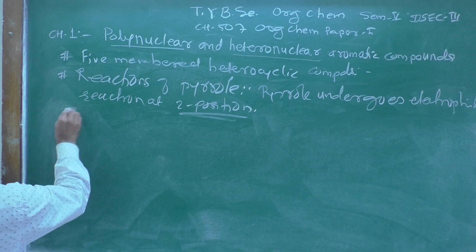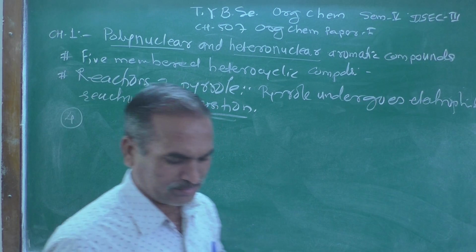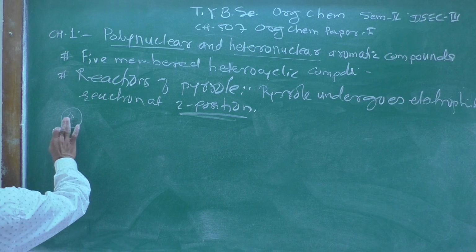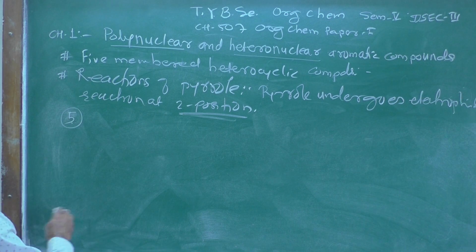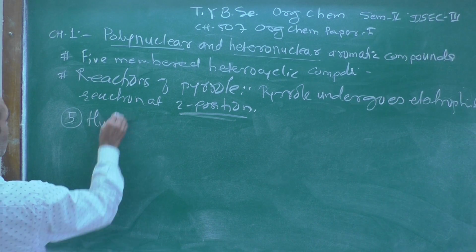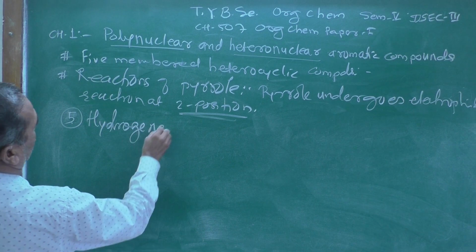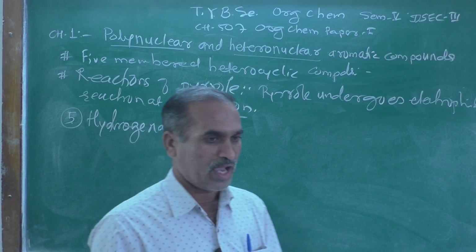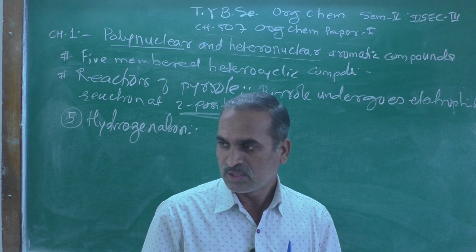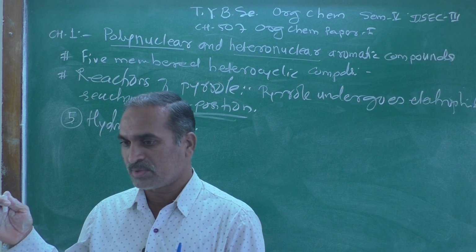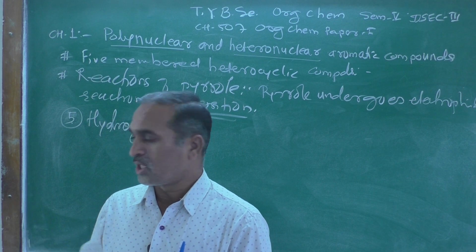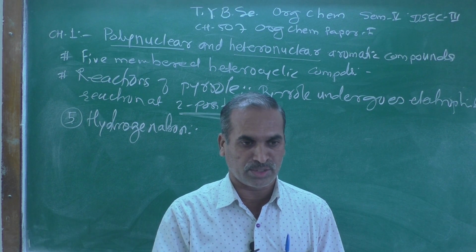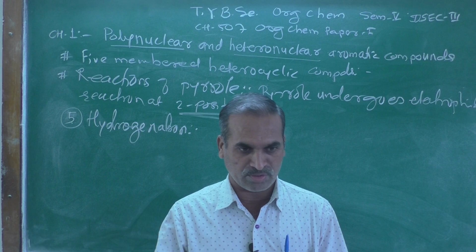Now the fifth reaction will be this one. The fifth one is hydrogenation. And as we know, hydrogenation is a process of addition of molecular hydrogen across a carbon-carbon multiple bond, and it gets converted into a saturated compound as the end product.